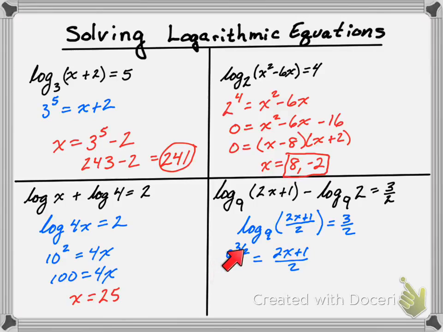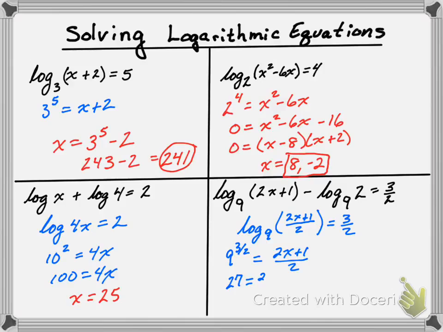Now 9 raised to the 3/2 power. Remember, when you have a fraction for an exponent, the numerator is the power, the denominator is the root. It is easier to take the root first. So this would mean the square root of 9, which is 3, and then raise that number to the 3rd power. So 3 raised to the 3rd power is 27.